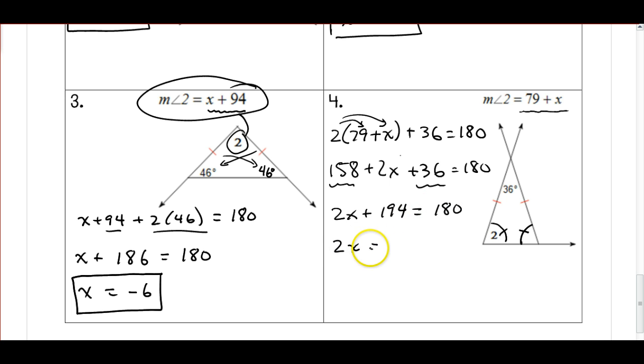Subtract 194 from both sides: 2x is negative 14. Divide both sides by 2, and x is negative 7. To check, I could plug this back in, add up the measure of angle 2, my other base angle, and 36, and make sure I got 180. You can always check these.